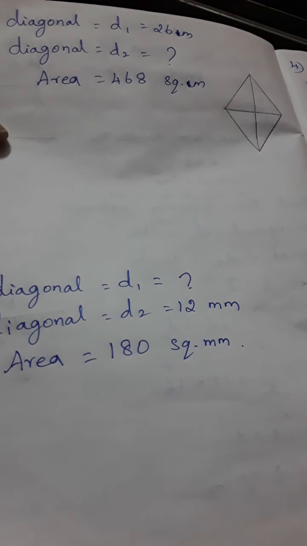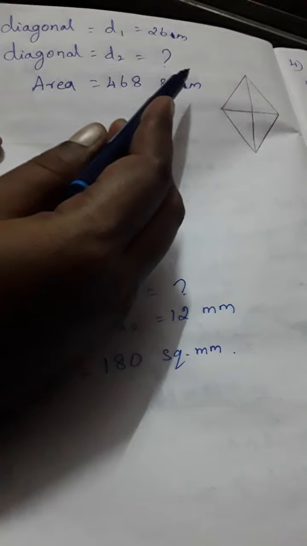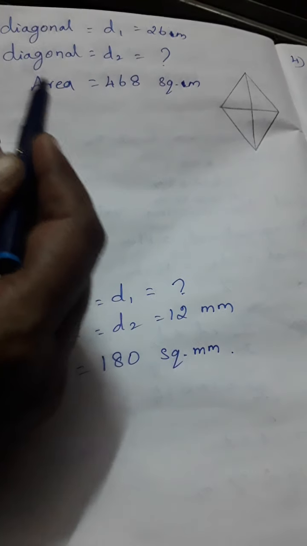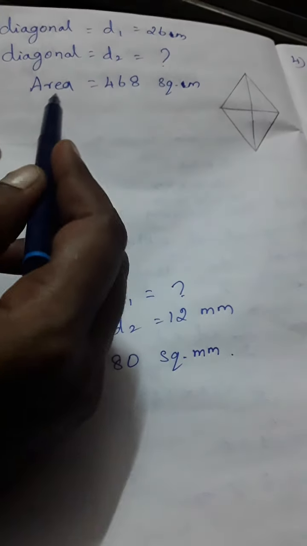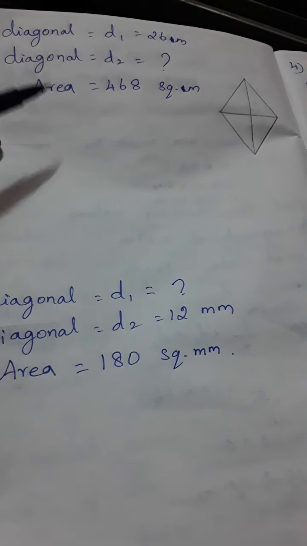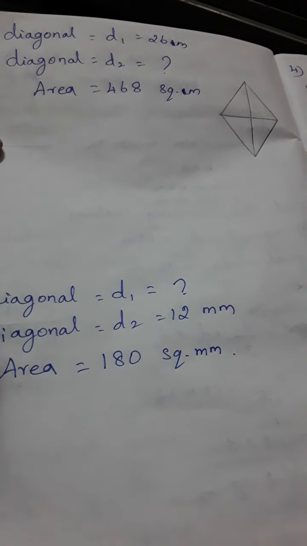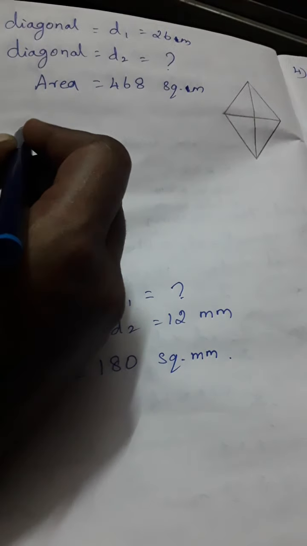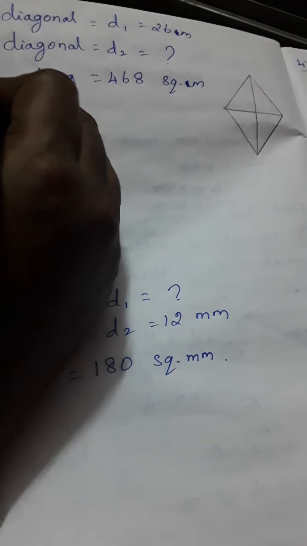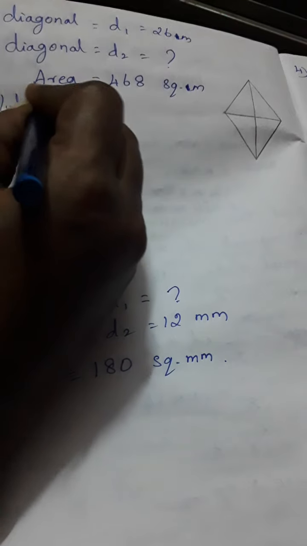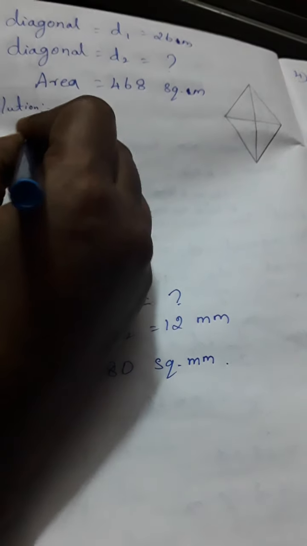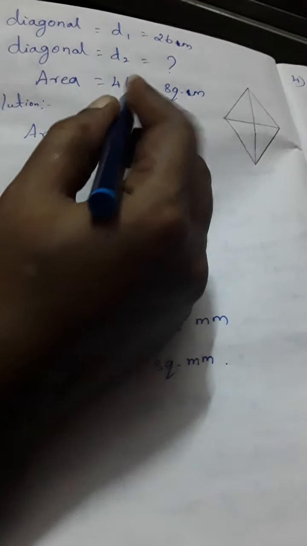In third one, second question, diagonal D1 is 26 centimeter, D2 we don't know, and the area is given. Here what is given? Area is given and diagonal 1 is given. What is not given? Yes, diagonal 2 is not given.